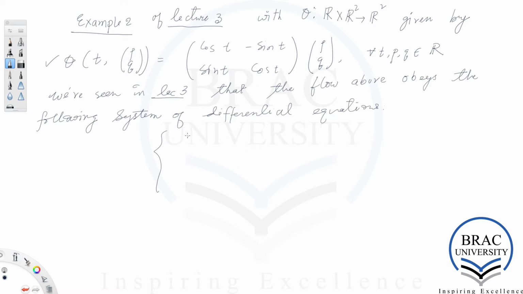So dx over dt is equal to minus y, and dy over dt is equal to x. Okay, so this we number by 12.